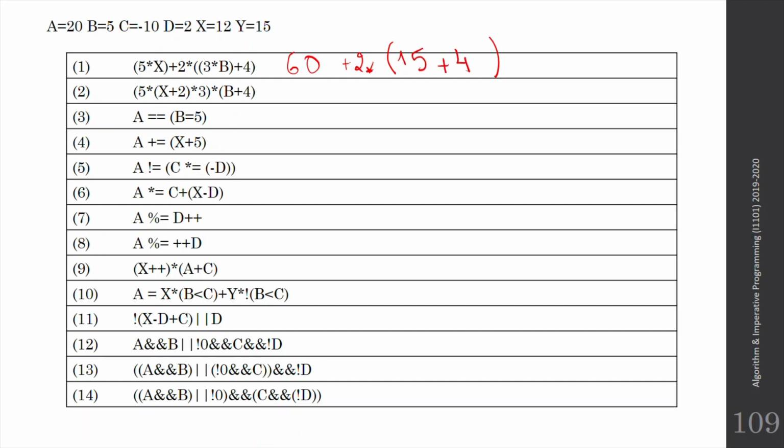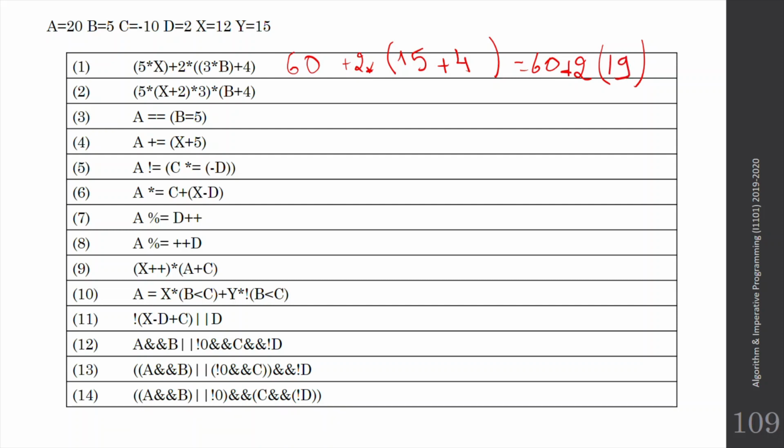Now I can evaluate the brackets. So it's 60 plus 2 multiplied by 15 plus 4, which is equal to 19.